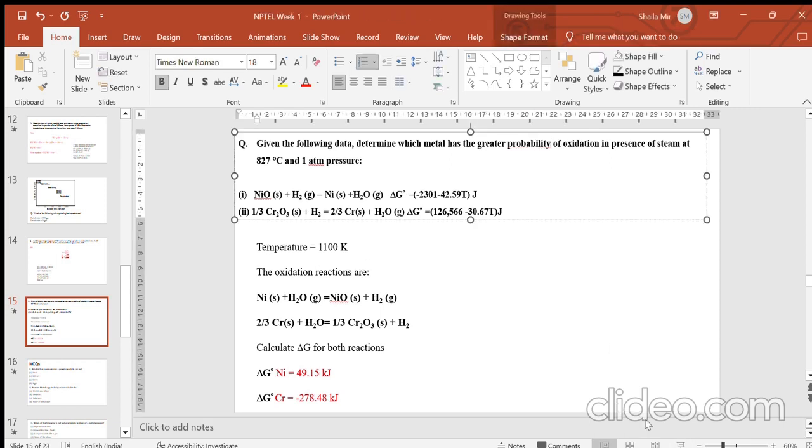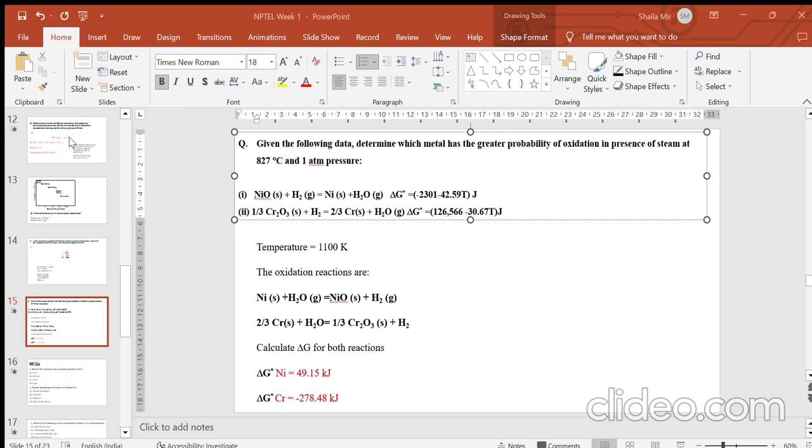Okay, so we have a question here. Given the following data, determine which metal has a greater probability of oxidation in presence of steam at 827 degrees Celsius and 1 atmosphere.